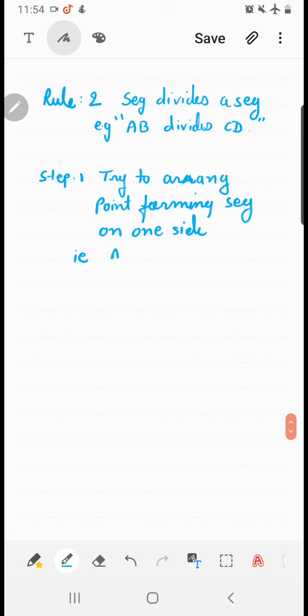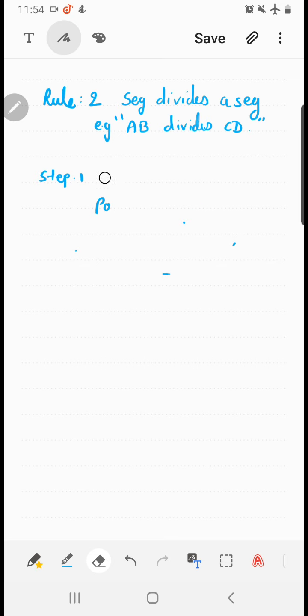That is, if we have AB divides CD, can I say group A bar, B bar? Oh, just a sec. Before we start with this, I need to first get an expression, because that is more important.